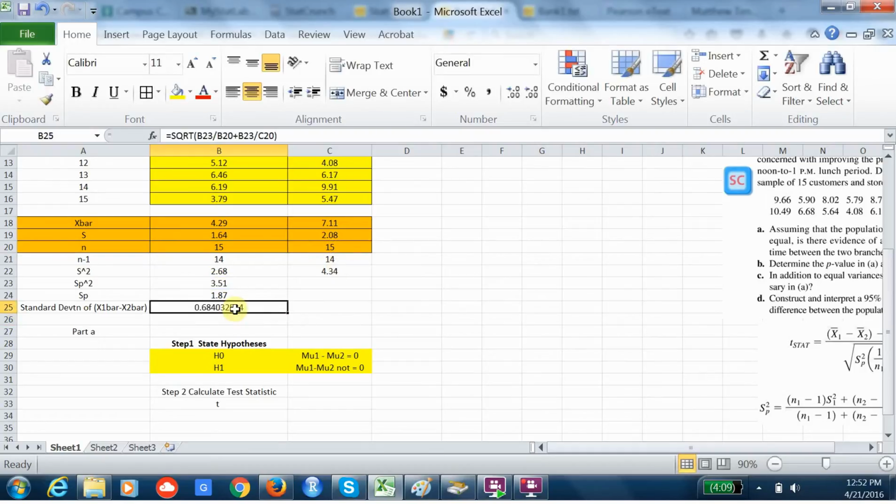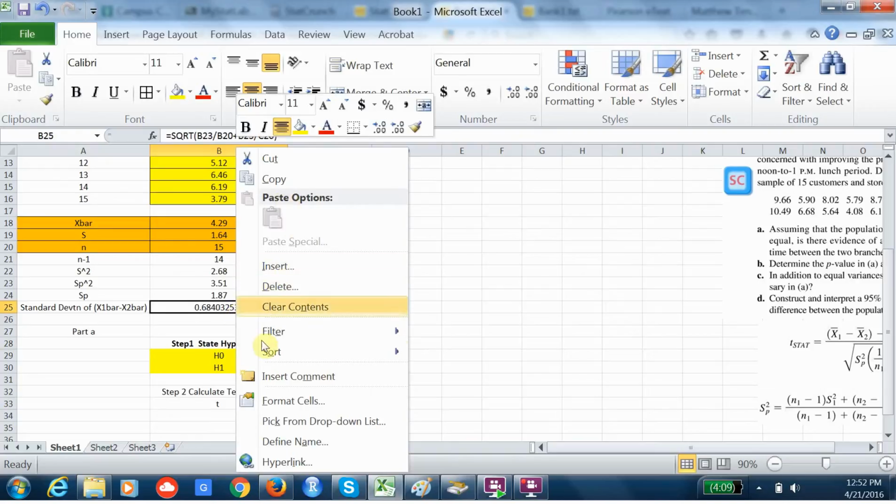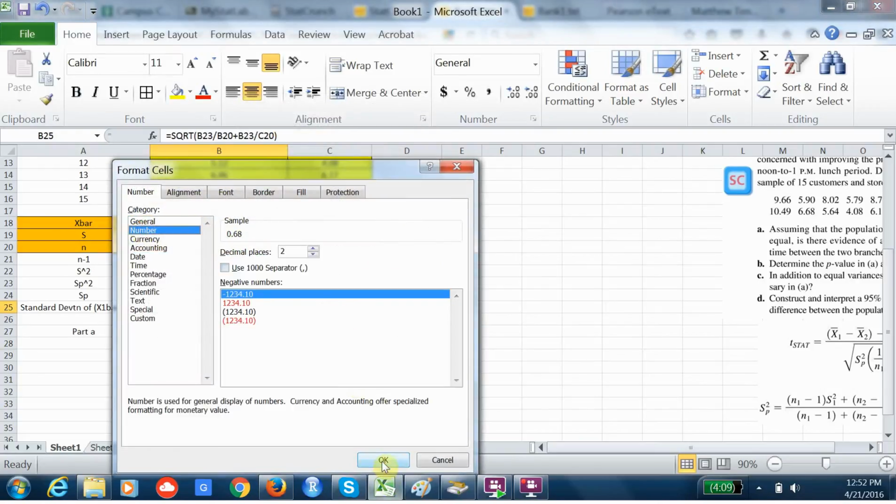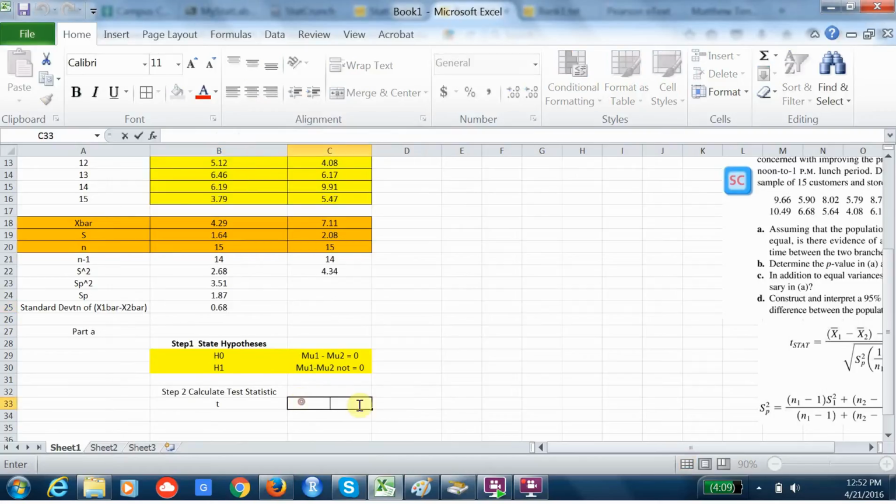Okay. So now the test statistic actually becomes very easy to compute. Because now the test statistic, if you remember, is just going to be equal to, in our case, x1 bar minus x2 bar divided by the standard deviation of x1 bar minus x2 bar.